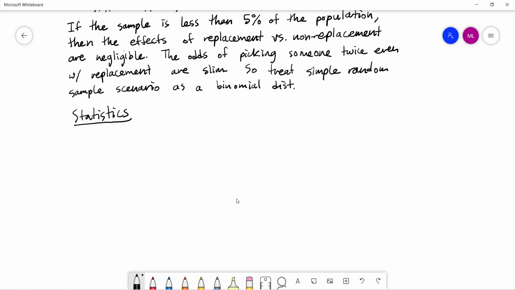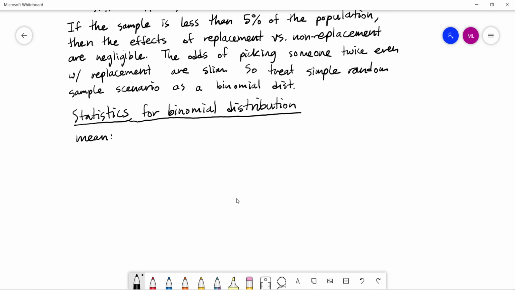We have very similar statistics for binomial distribution, but they're simpler. And so I'm going to write out the statistics for a binomial distribution. So these are for the binomial distribution only. When we're dealing with a binomial distribution, this particular type of probability distribution, we don't need to use those general formulas from the last video. We're going to have easier ones.